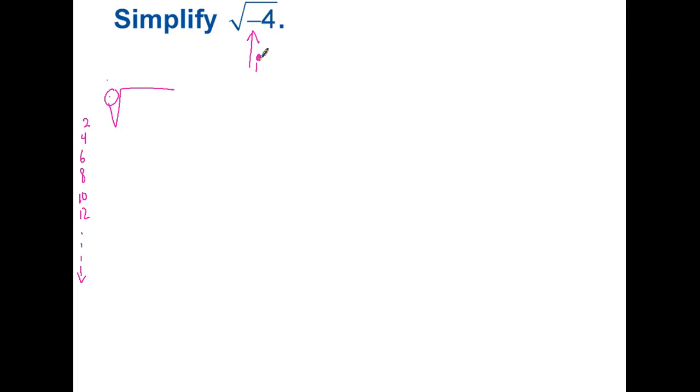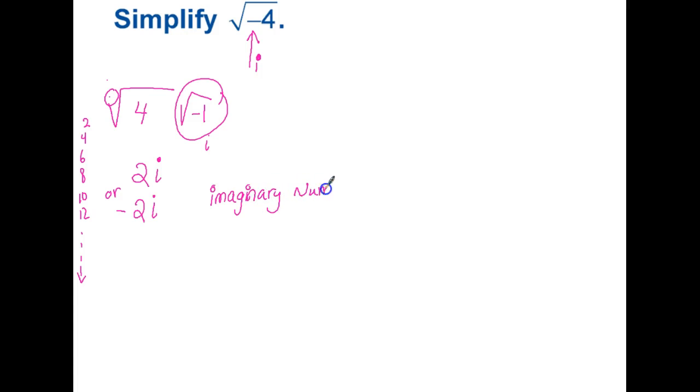So this is equal to the square root of 4 times the square root of negative 1, which is my i. So this is equal to square root of 4 is a 2 times i, which is just 2i. But also the square root of 4 could also equal negative 2. So the answer is 2i or negative 2i, which are imaginary numbers. So no real numbers. Okay.